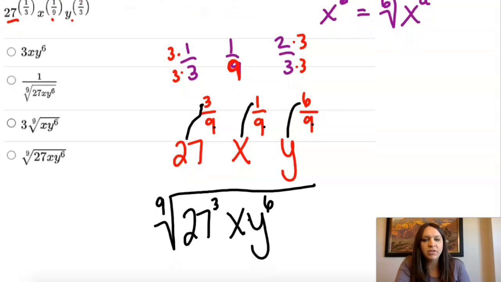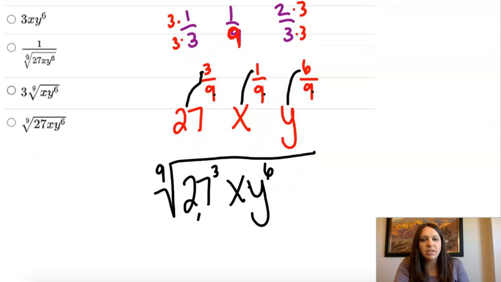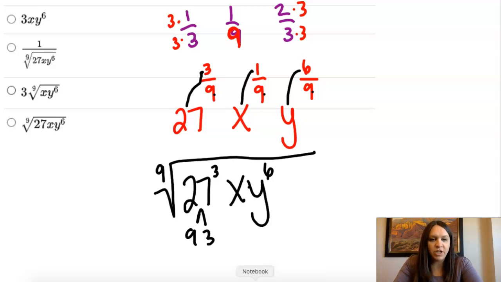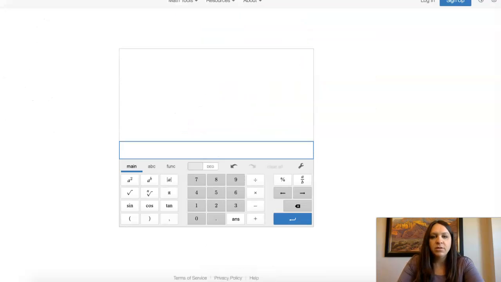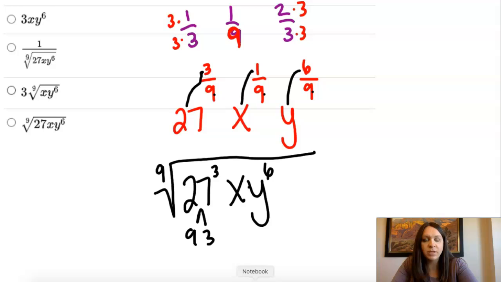So 27 to the 3rd power, I believe, can be simplified with the 9th root, because this breaks down from 9 to 3. So I'm just going to check it in my calculator and see what we get. So I have a 9th root of 27 to the 3rd, which equals 3. So that means I would have 9 3s.